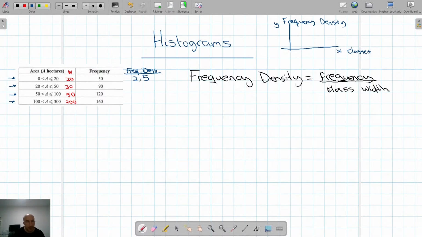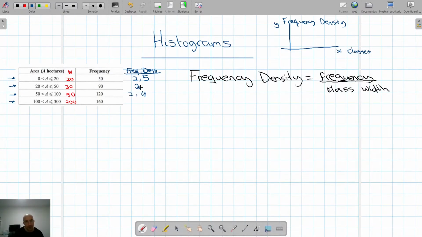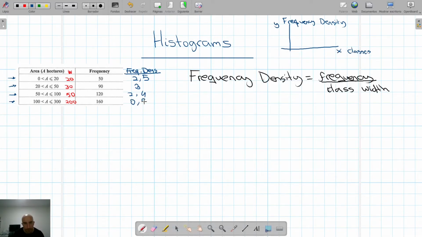The next one is 90 divided by 30, which is 3. Then 120 divided by 50, and that's 2.4. And the last one is 160 divided by 200, which is 0.8. So we have our frequency density here, and that's what we're going to represent on our histogram.